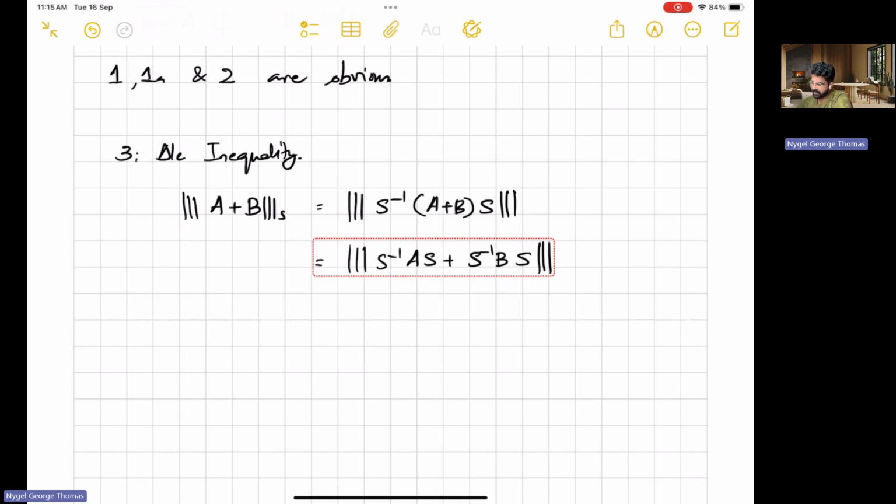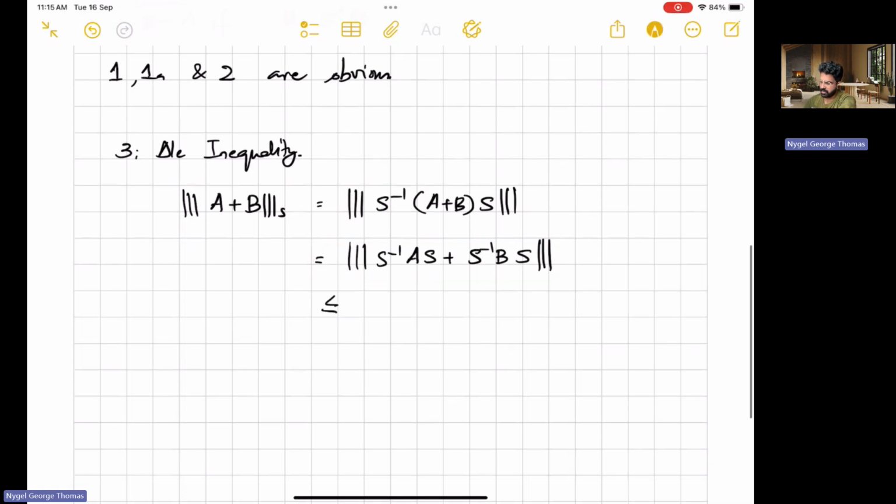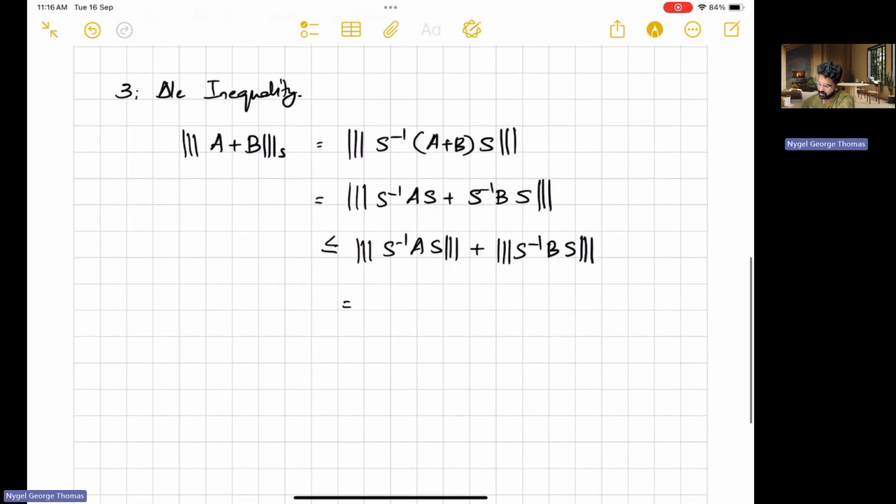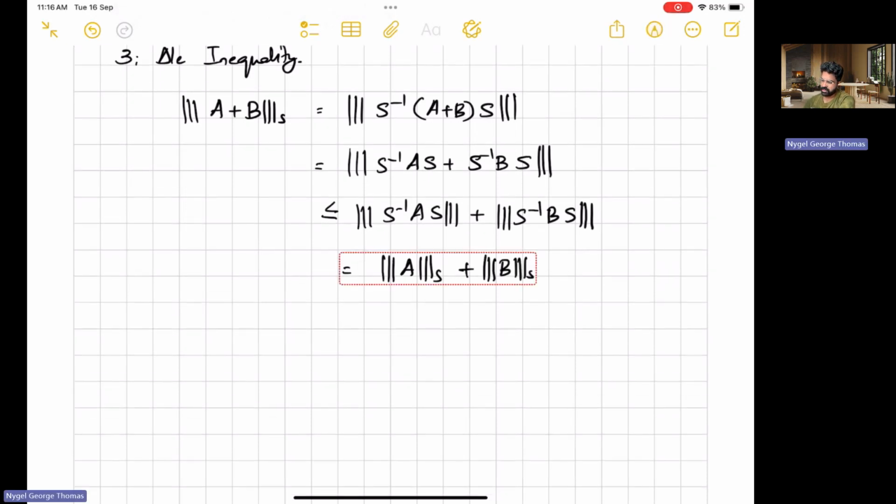But this is actually a valid norm, right? So we can apply the triangle inequality for this norm. So this is less than or equal to the norm of S inverse AS plus the norm of S inverse BS, which is the S norm of A plus the S norm of B. So this proves the triangle inequality.